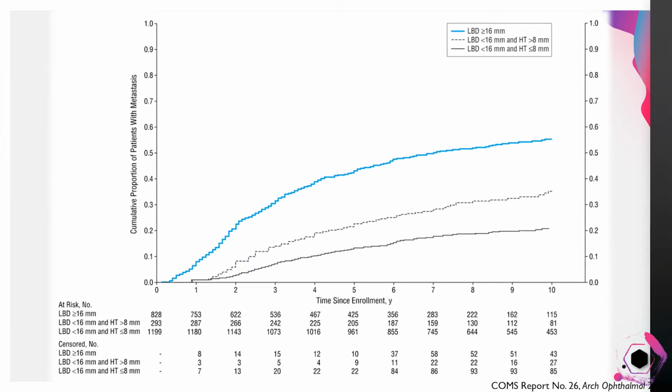So they also have an incidence of metastasis approaching perhaps 35% over 10 years. And then smaller tumors, and this is not small by any means, but these are tumors with less than a 16 millimeter basal and less than an 8 millimeter height, tend to have less incidence of metastasis.